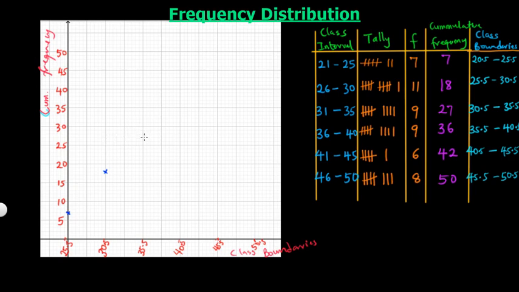So this is 27. At the upper boundary of 40.5, I have cumulative frequency 36. At the boundary of 45.5, I have cumulative frequency 42. 41, 42 is here.